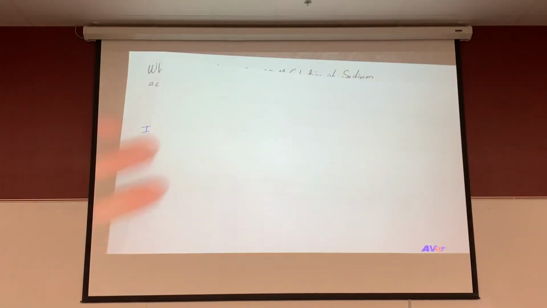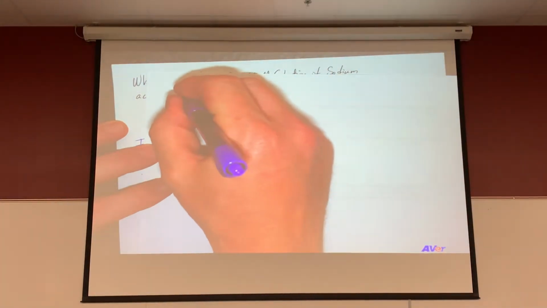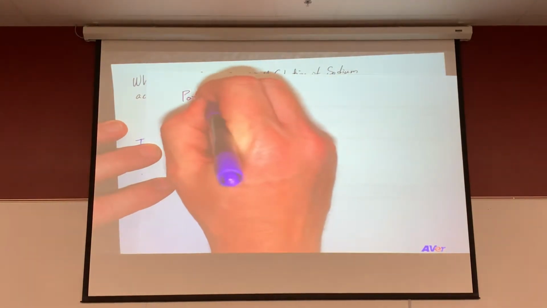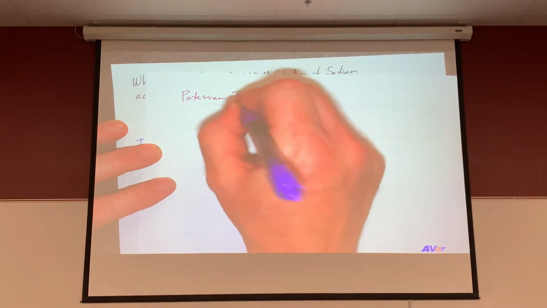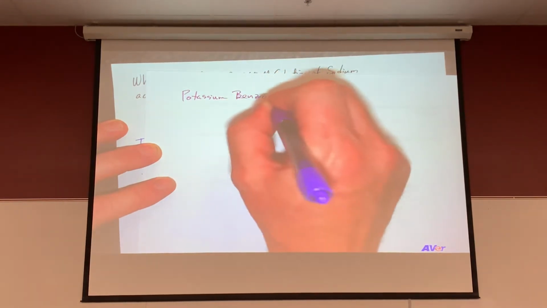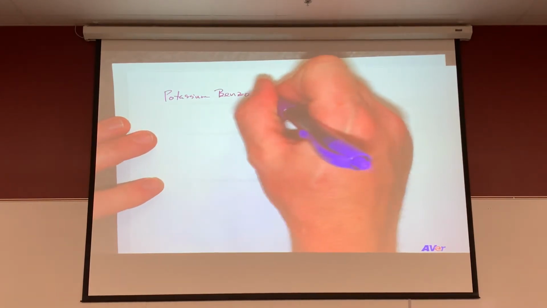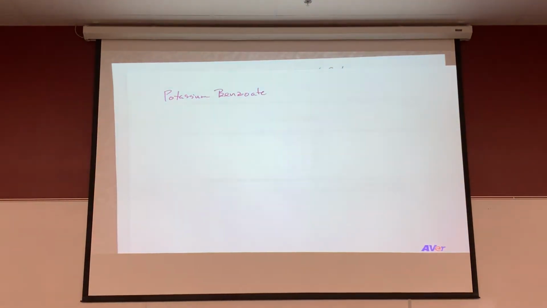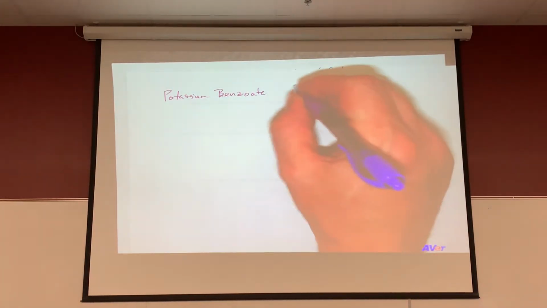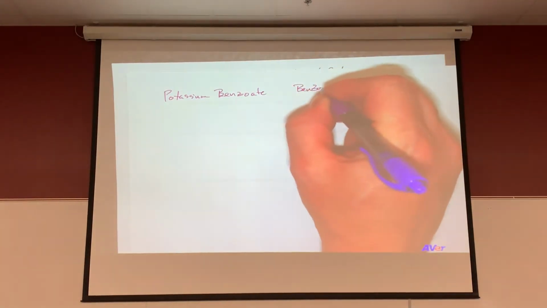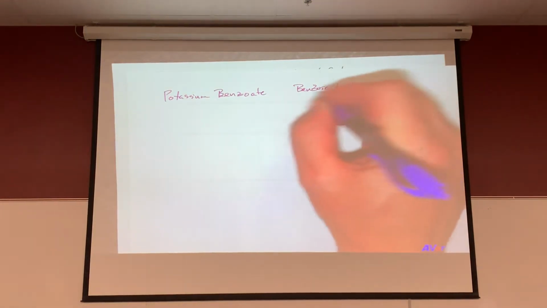So if I said, for instance, this particular ion, sodium benzoate or potassium benzoate, is used as a preservative. There is also the compound benzoic acid.